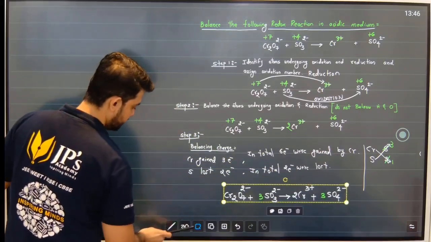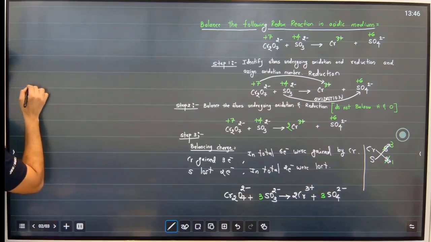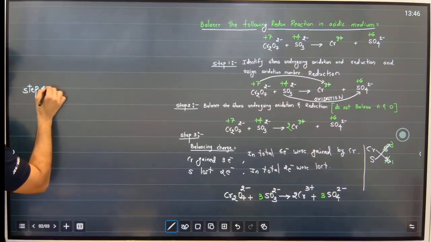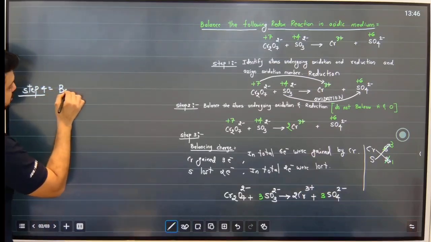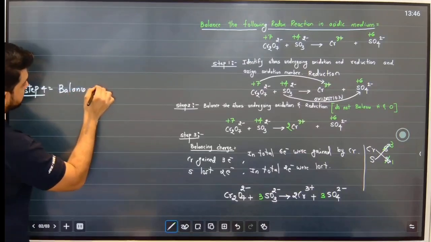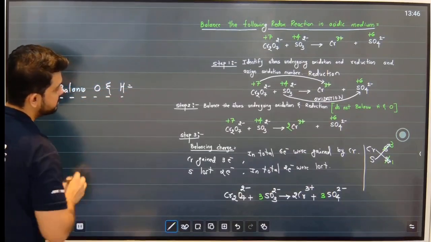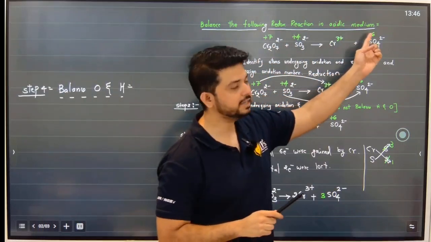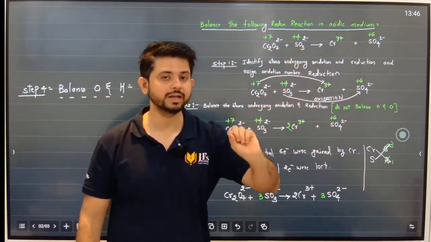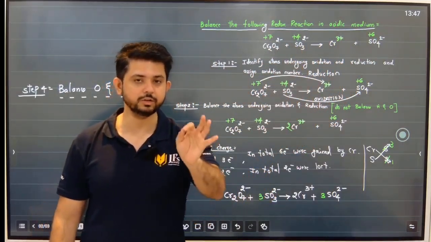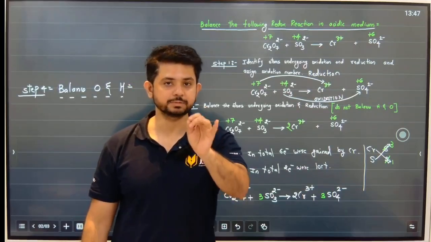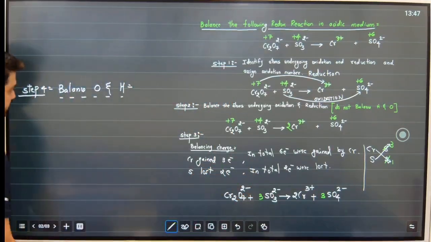But अब next step आता है very important, step 4, where we balance oxygen and hydrogen. And students, in this method we are using acidic medium balancing. So now we are going to balance in acidic medium, which means the final equation should contain H+. So देखते हैं हम इसे कैसे करते हैं.